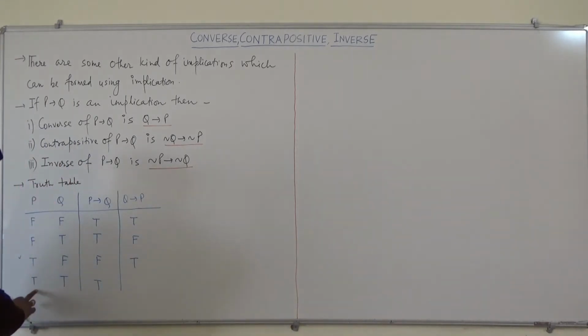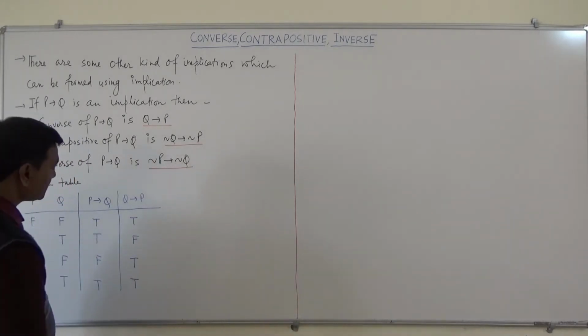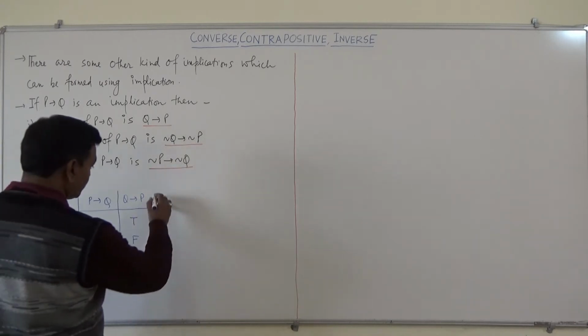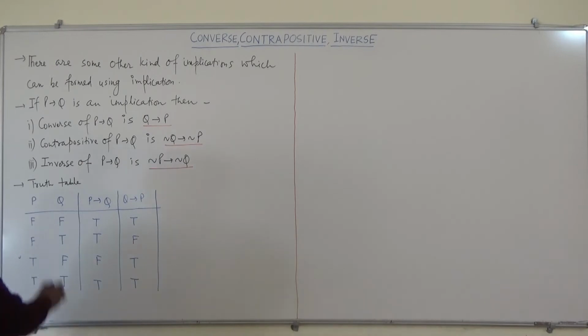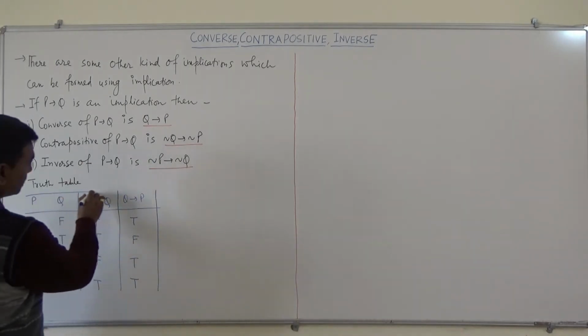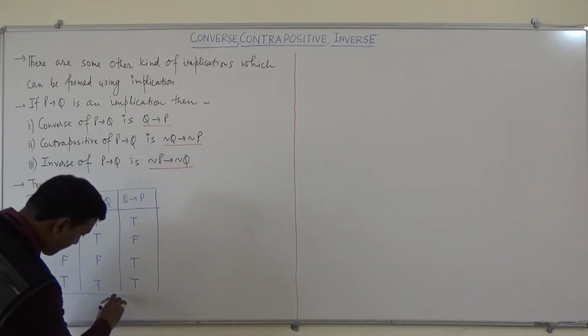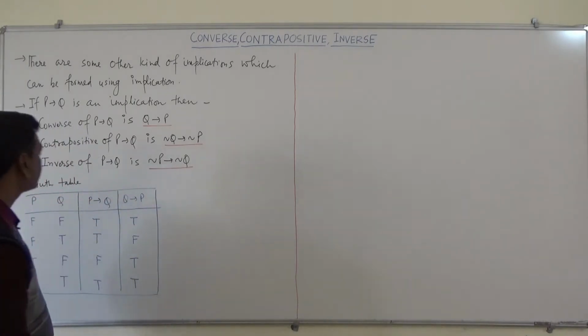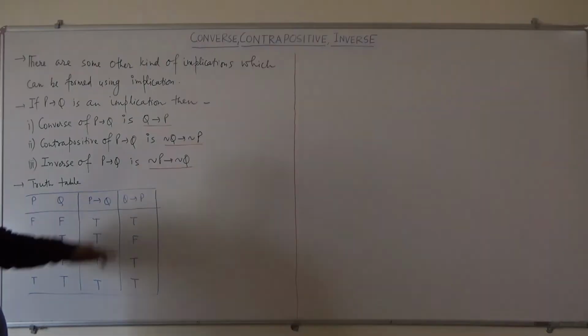And if it is true, true, then this converse will be true. So this is P proposition, Q proposition, then the conditional statement, that is P implies Q, then Q implies P.